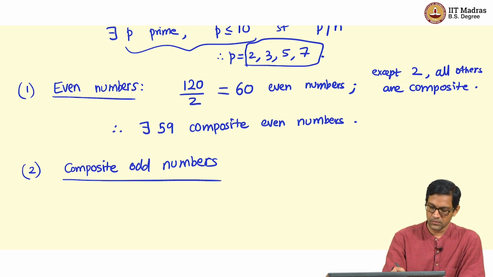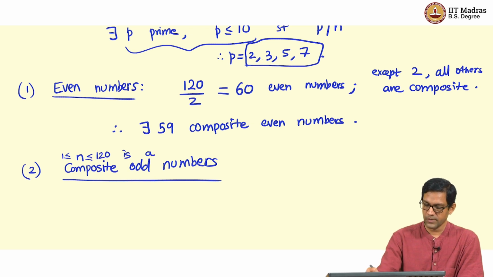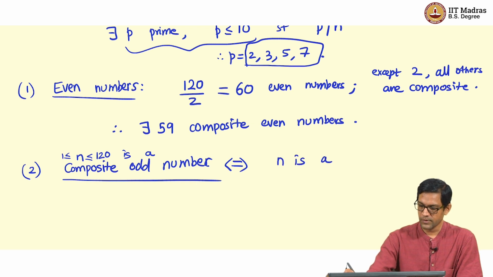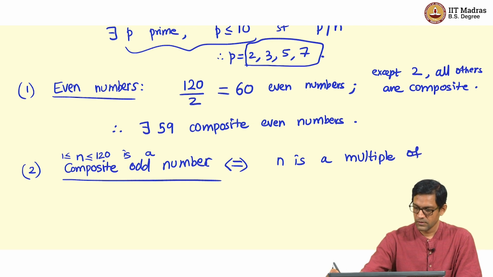So let us write the statement here: n from 1 to 120 is a composite odd number if and only if n is a multiple of 3, 5 or 7.